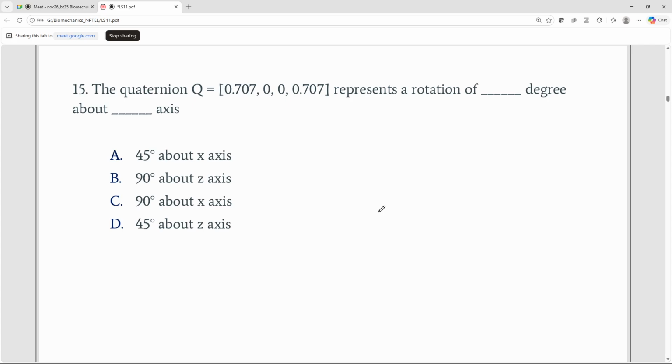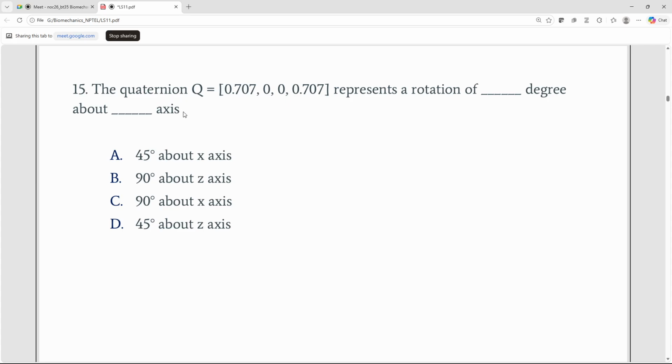Next question. A quaternion 0.707, 0.707 represents the rotation of dash degree about dash axis.